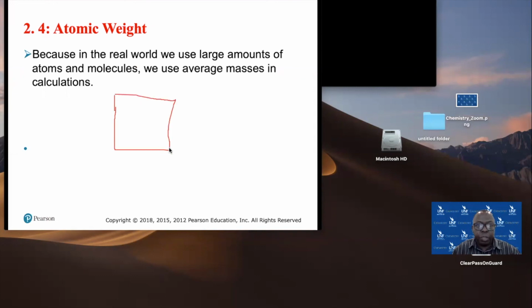And what you see is the element carbon. This is the chemical symbol. And below is a number, 12.01. And this is 6 right here. This stands for the atomic number.